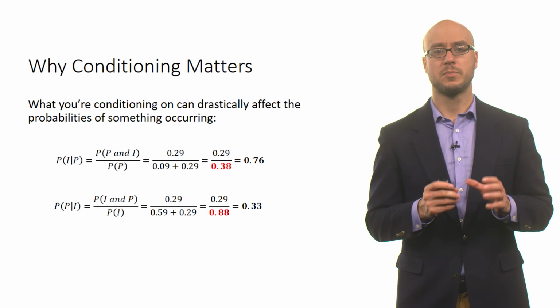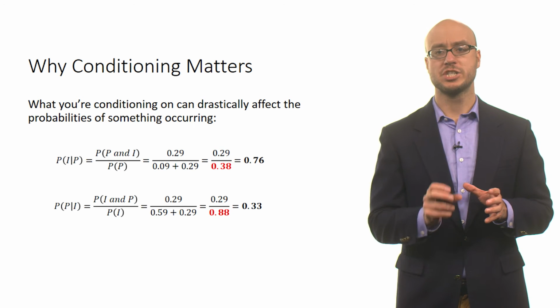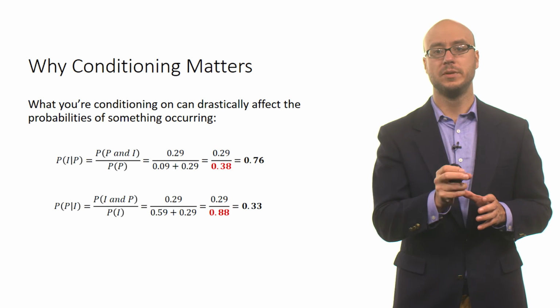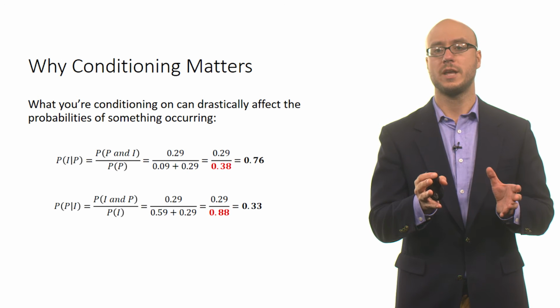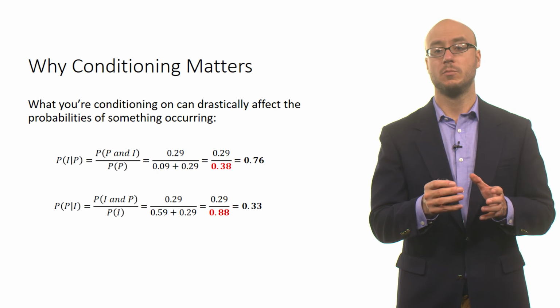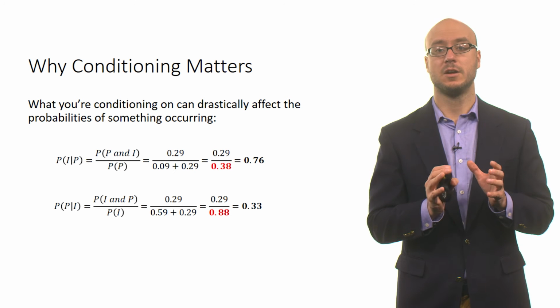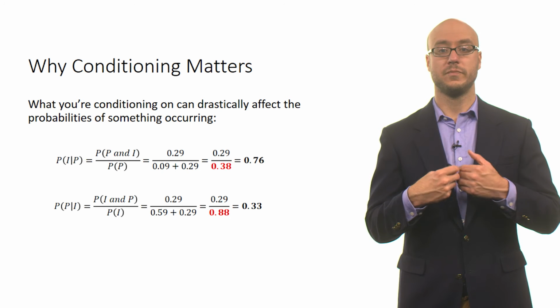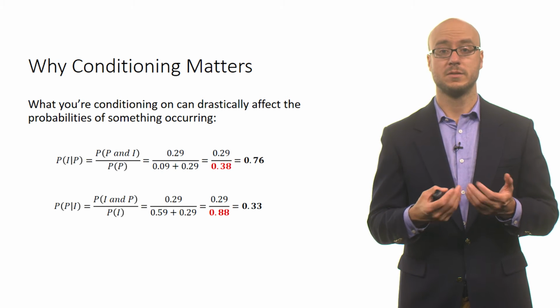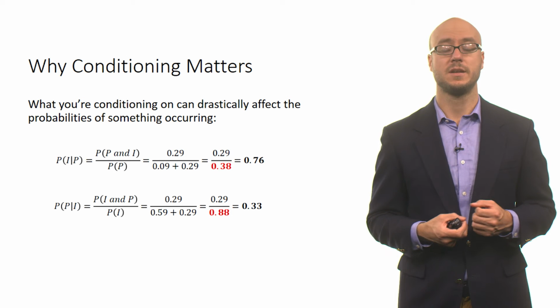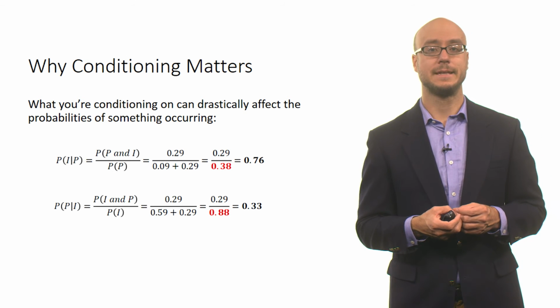So for example, for the probability of I given P, we're conditioning on the probability of being poor, which is only 38% of the population. That's high, but it's not as large as the probability of I, which is 0.88, or 88% of the people in our data set.